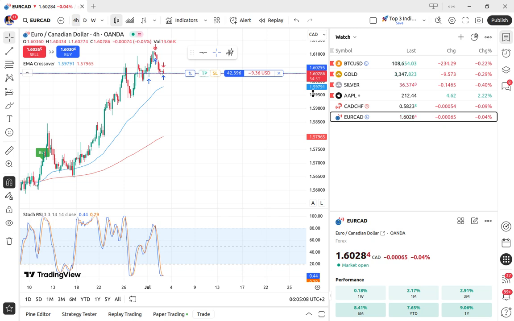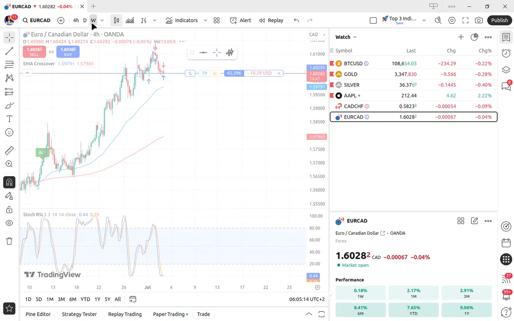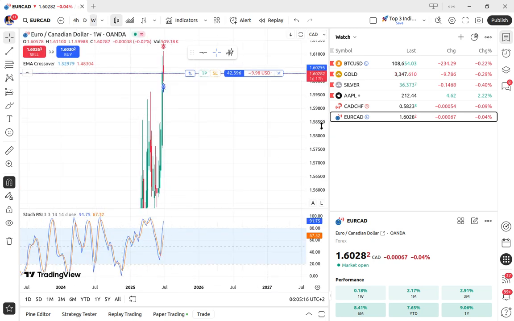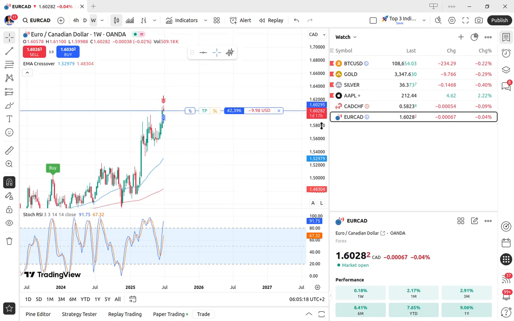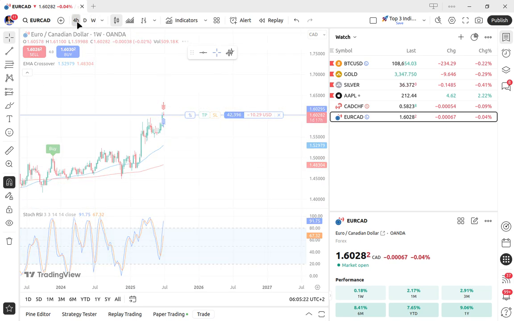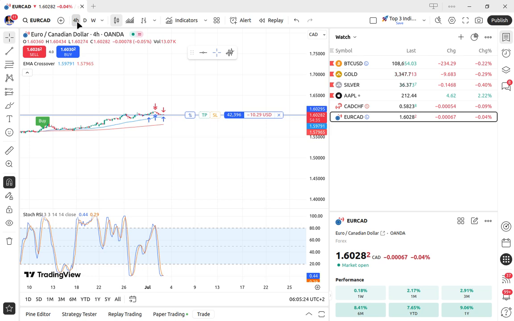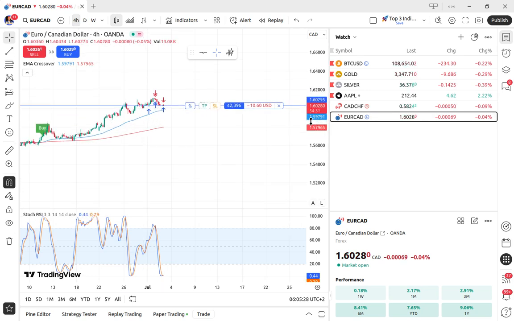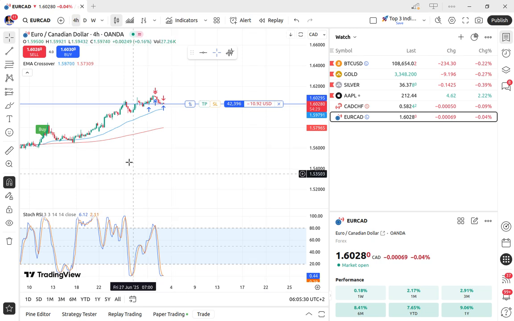So not only am I looking for a reversal entry, I'm also making sure it follows the moving average on the 4-hour chart, because you want to buy something that's trending.